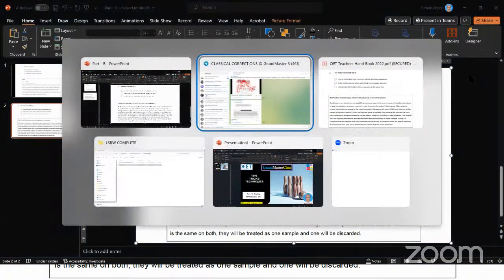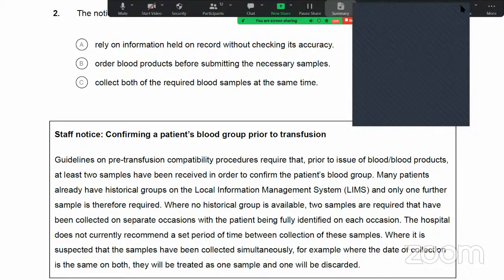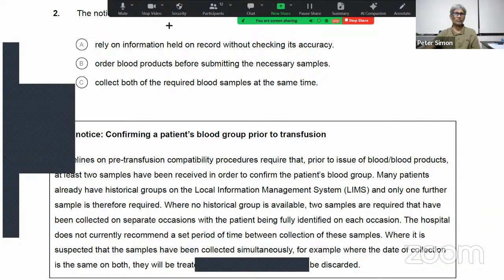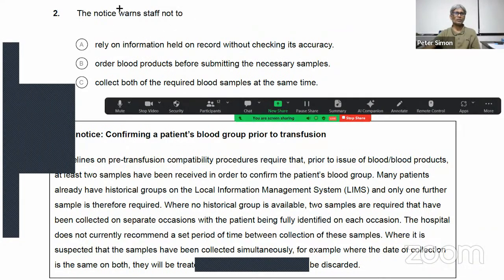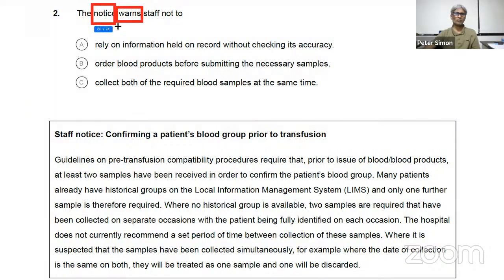Right. Now let us see here. The notice is a warning not to do something.